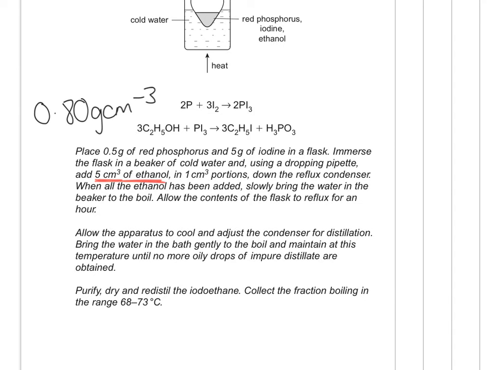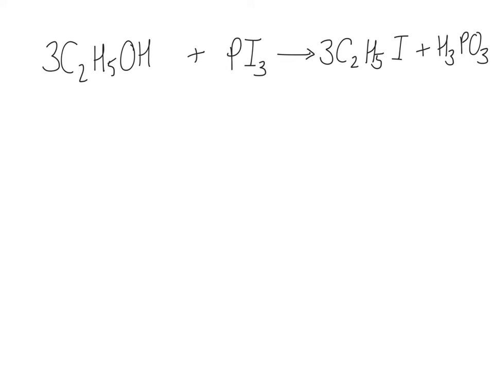So we're now going to move on to our second equation, which is this one. So I'll write that out on the next page. So I'll just write it underneath the ethanol part. So we have 5 centimeters cubed, and we know that our density is 0.8 grams per centimetre cubed.